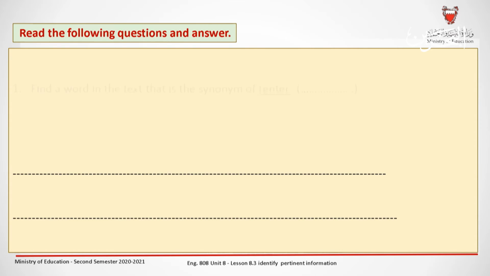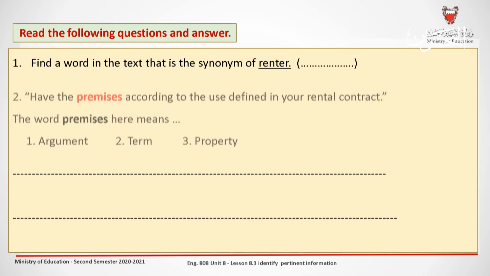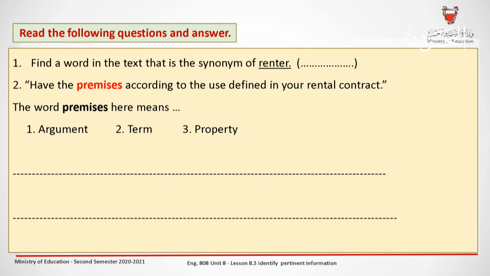Read and answer the following questions. Number 1. Find a word in the text that is the synonym of renter. 2. Have the premises according to the use defined in your rental contract. The word premises here means argument, term, or property. 3.